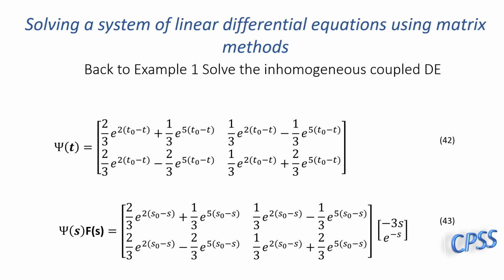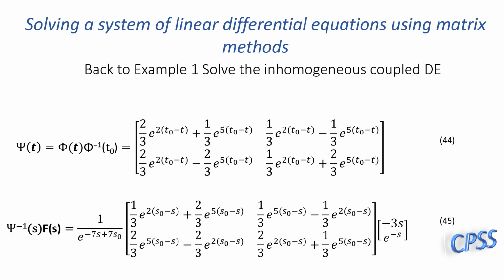And you see that I actually go through and do this in equation 42, in equation 43. Equation 44 is the calculation of the fundamental matrix, and you use the phi matrix to calculate the fundamental matrix. The phi matrix and the inverse of the phi matrix as a function of t naught, with t naught relating to the initial condition of the problem, which is the coupled differential equation problem, which has an initial condition.